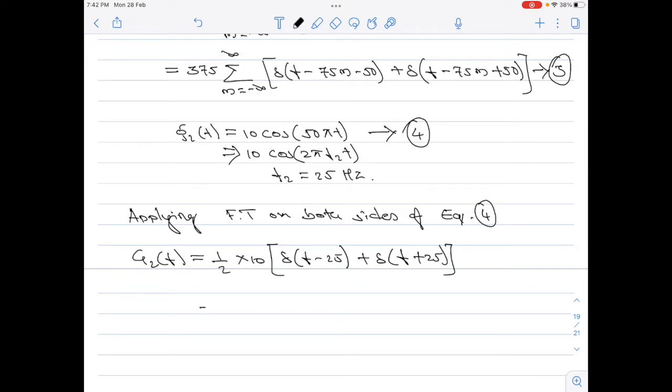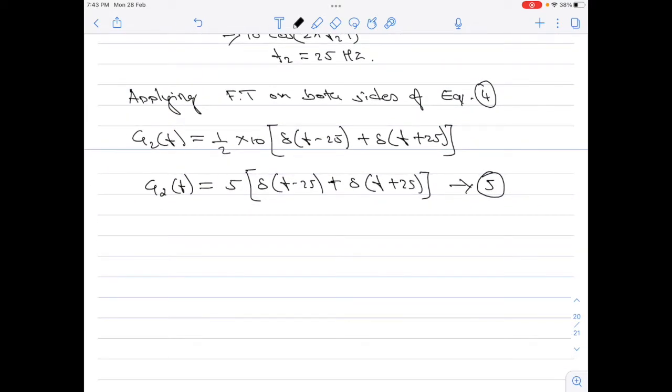Let me simplify this. This will be equal to 5 into delta of (f minus 25) plus delta of (f plus 25). I'll call this equation 5, and please note this is G2(f).